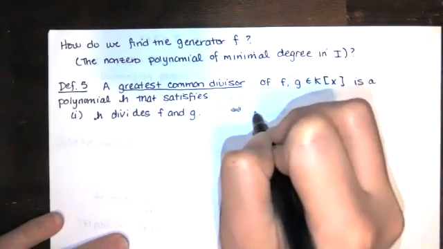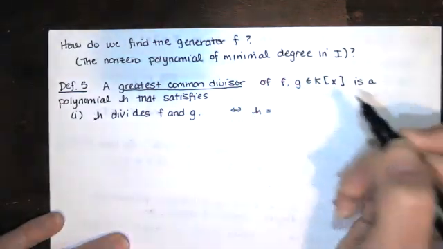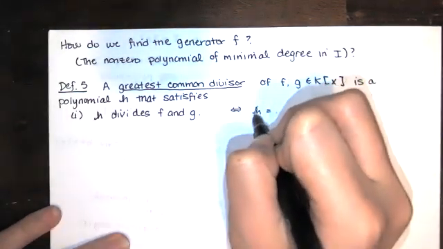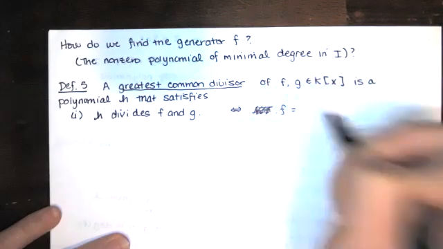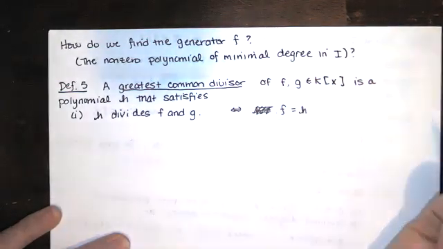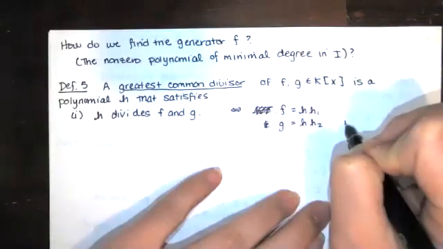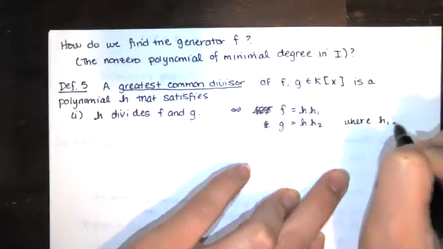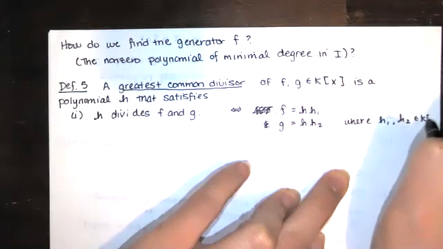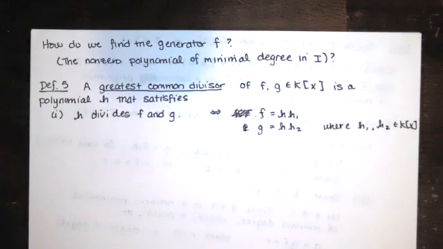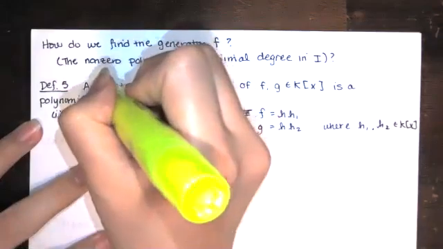Or in other words, sorry about that, let's go the other way. f is equal to h times h1, and g is equal to h times h2, where h1 and h2 are polynomials in our ring. So another way to say this, instead of saying greatest common divisor, you might prefer to say greatest common factor.